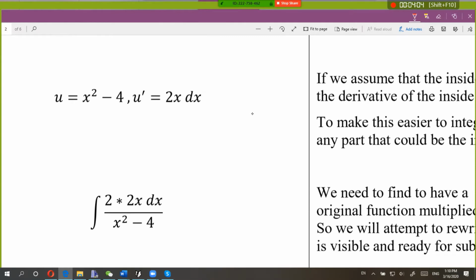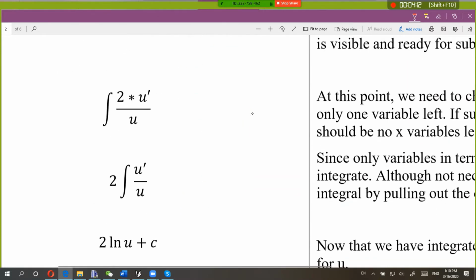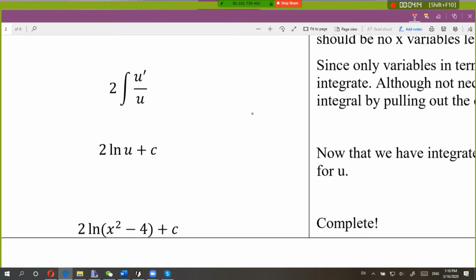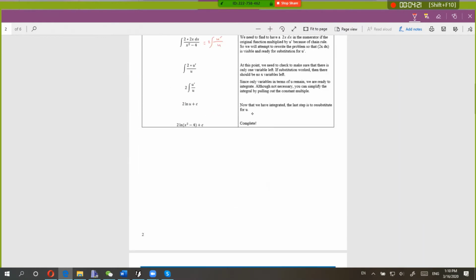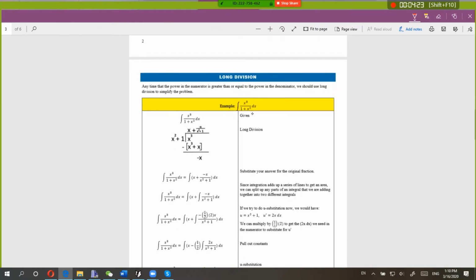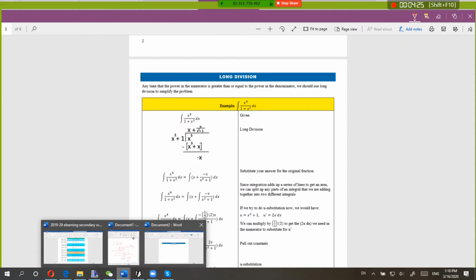So this is 2 times 2x dx, or the integral of 2 times u prime over u. If I integrate u prime over u, I'll get the natural log of u plus c, and then I can resub back in for u. Okay, still U-substitution.